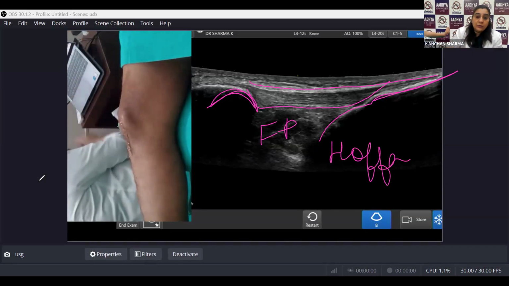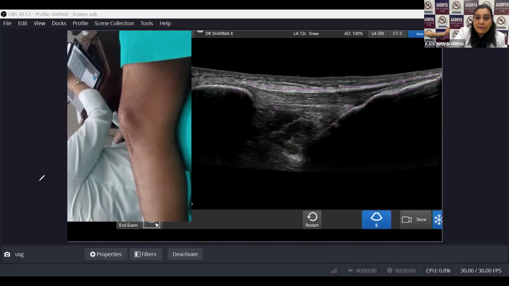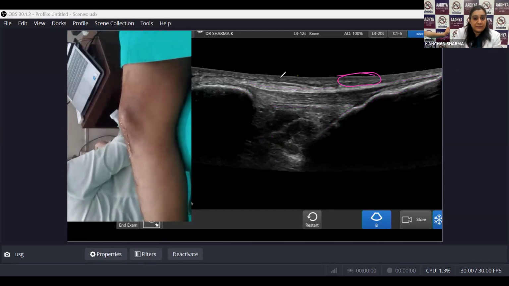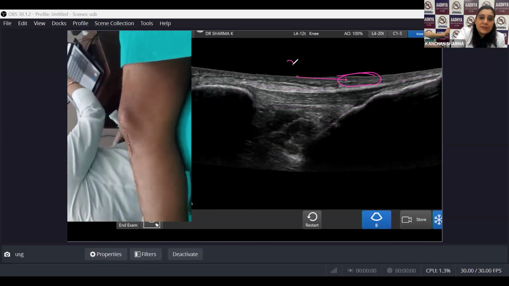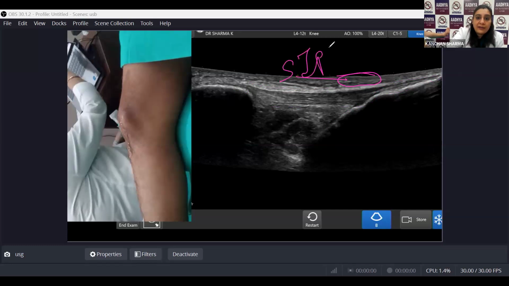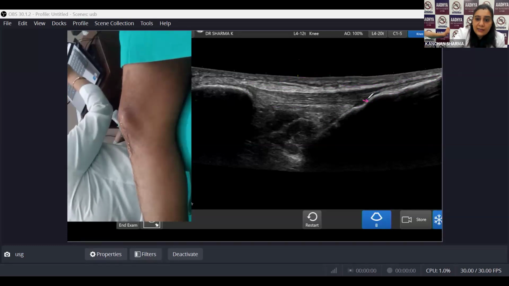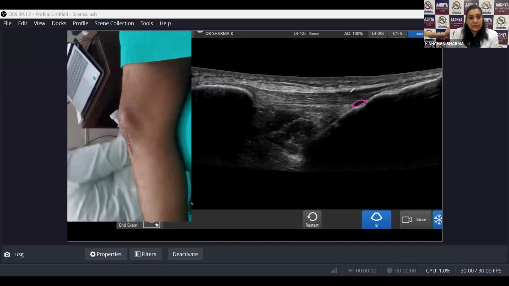Right? Now, here one important thing which you should note is, if you are seeing a bursa here in this subcutaneous plane, right? So this becomes the superficial infrapatellar bursa. Now, we are already seeing a collection here. So this is physiological.